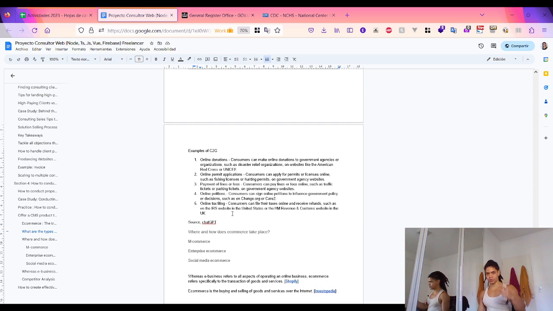Online permit applications, such as fishing license or hunting permit. Payment of fines or fees.